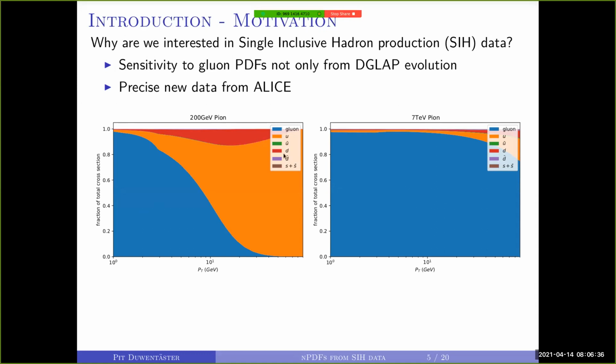At low energies and low pT, the gluon dominates, and then slowly, when going to higher pT, the up quark becomes more dominant. But at the ALICE energies, the gluon, even at very large pT, is still completely the dominant factor. So including this data should help us constrain the gluon and bring down the uncertainties, hopefully.